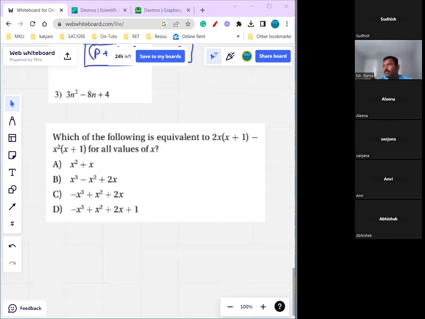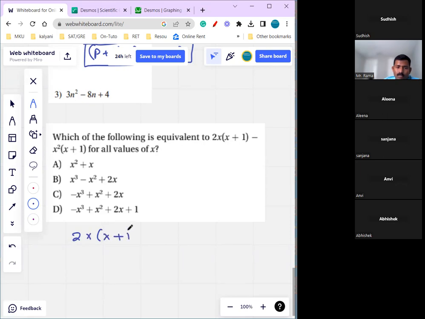Okay, so let's go over a few of these questions. First of all, when you answer this question, obviously I can see 2x(x + 1) minus x²(x + 1). So what we do normally is kind of like a distributive property, right?